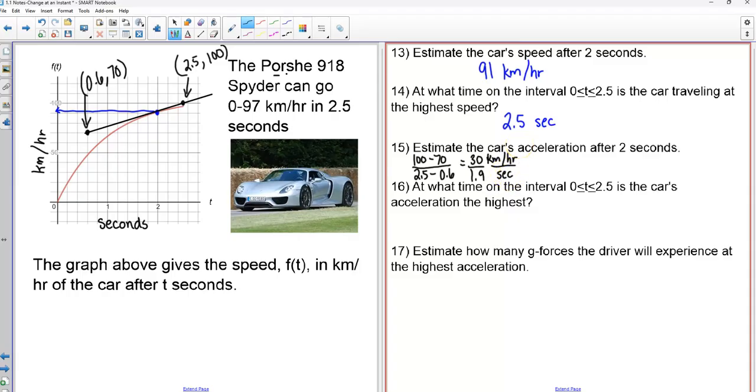So we got 30 divided by 1.9. We're going to get 15.789. This is in kilometers per hour per second.